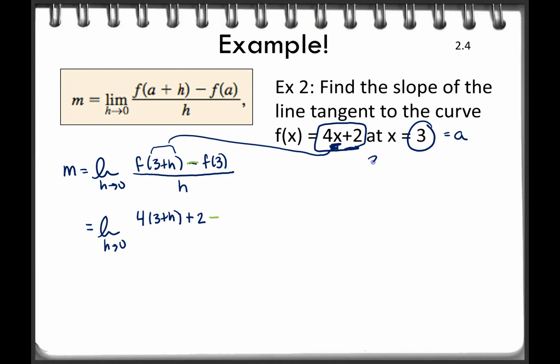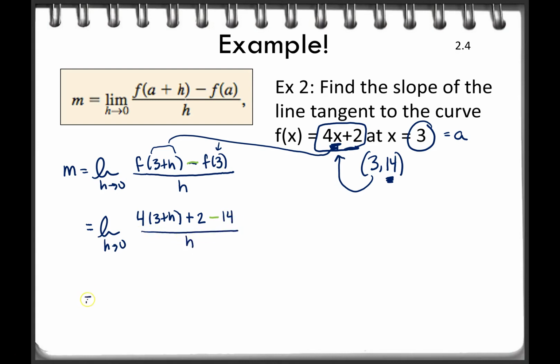Well, what is f of 3? That's the point, 3 comma. So I plug in 3. That's 4 times 3 is 12, plus 2 is 14. So my value is 14 when I plug in 3. So this is going to be minus 14 all over h.